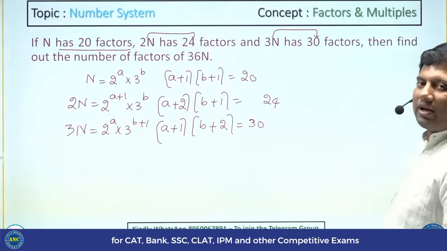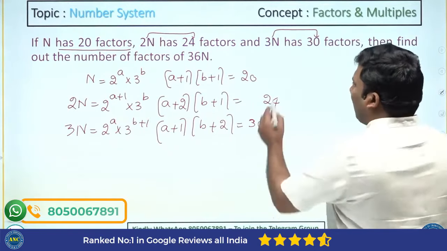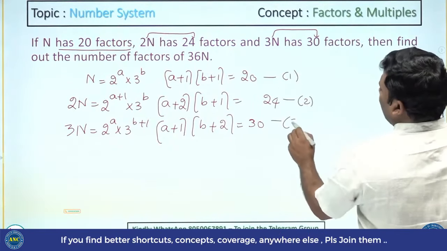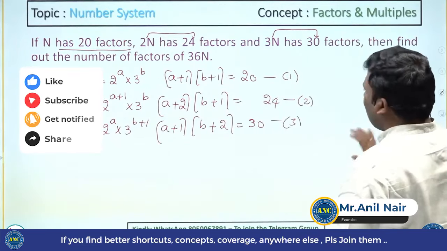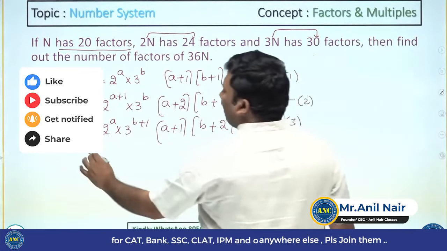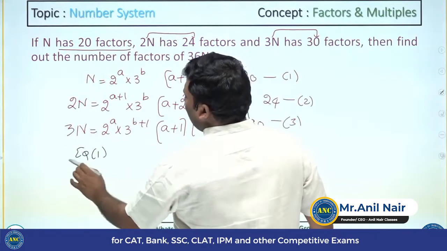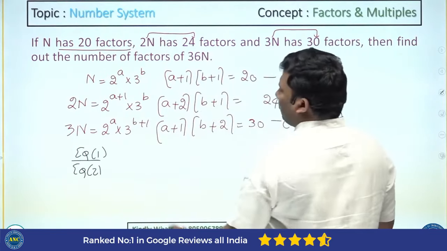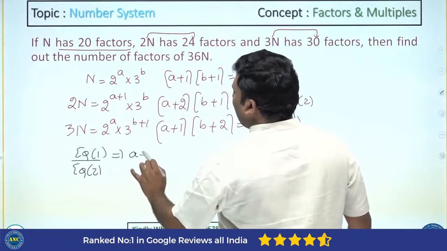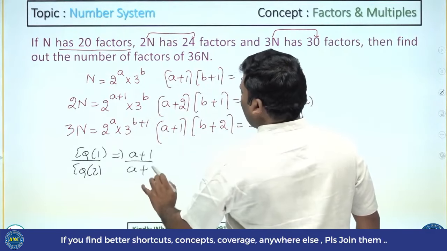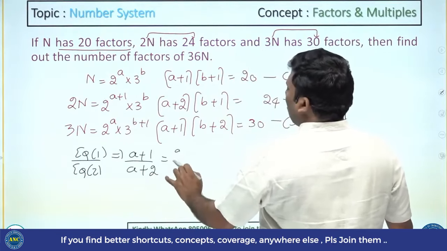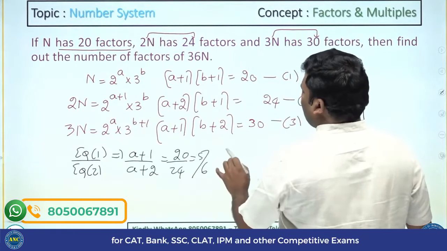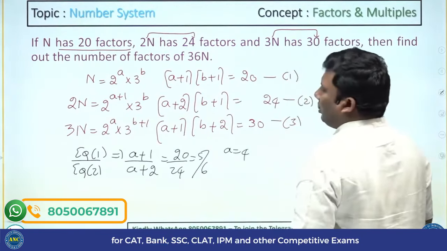Now, just by looking at the question itself, you will get the answer. These are equation 1, equation 2, equation 3. If I divide equation 1 with equation 2, b plus 1 cancels. a plus 1 by a plus 2 is equivalent to 20 by 24, which is 5 by 6. a value is 4.